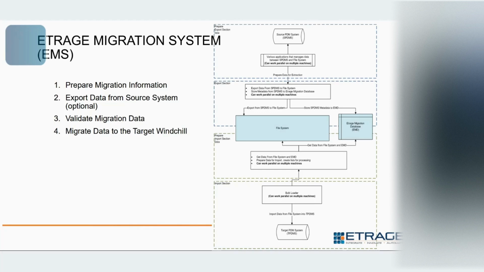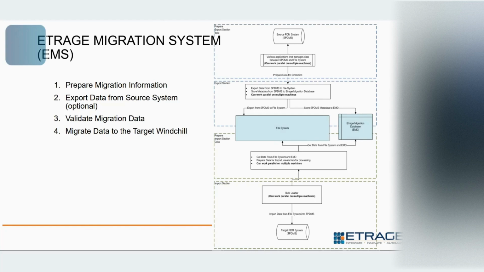In the first phase, like Scott already said, we go with preparation of the migration information. The second phase is optional, and it depends on how and where objects are stored before we start with migration.